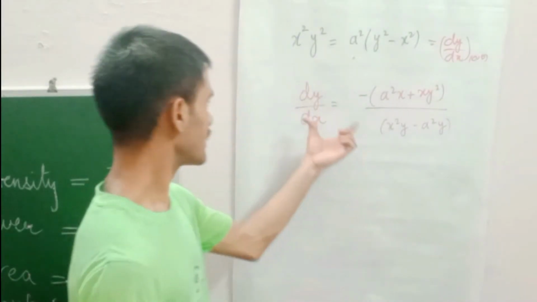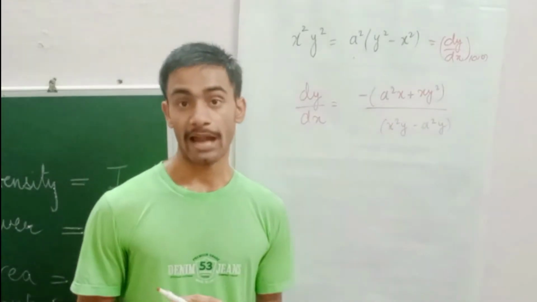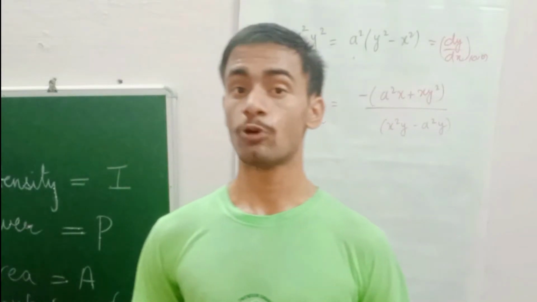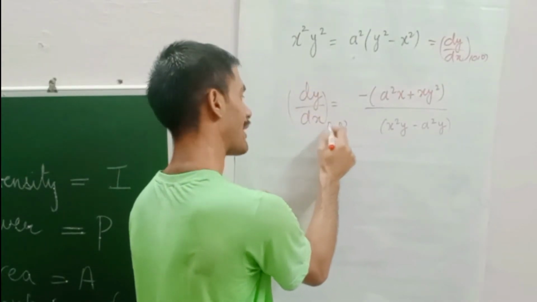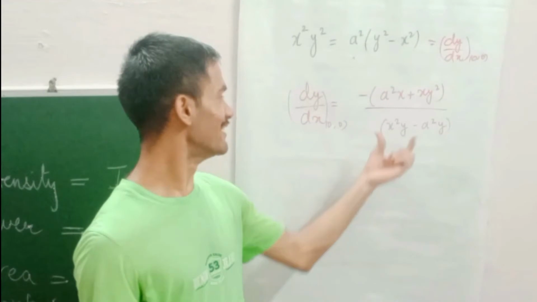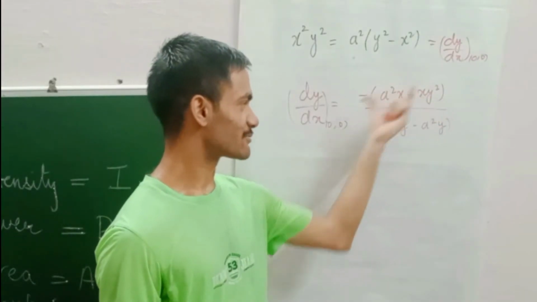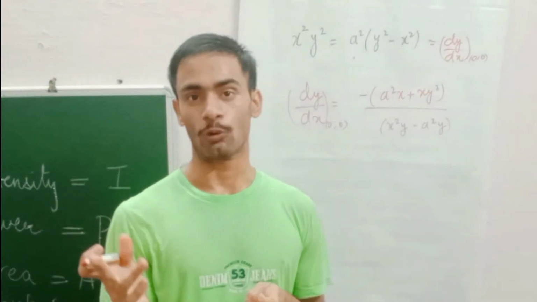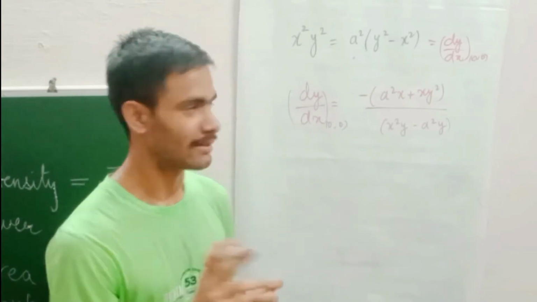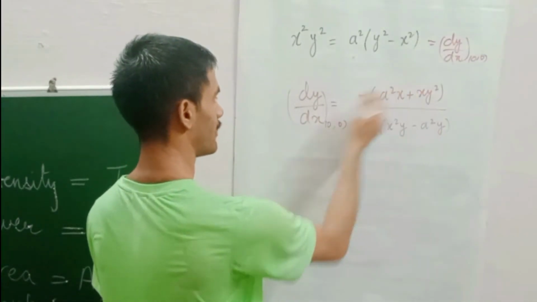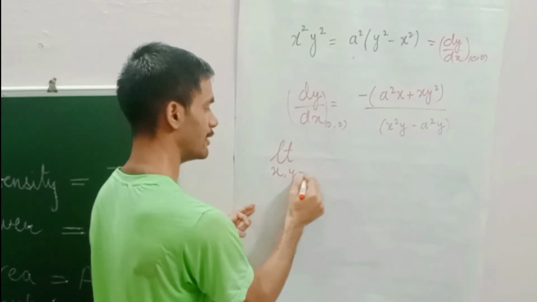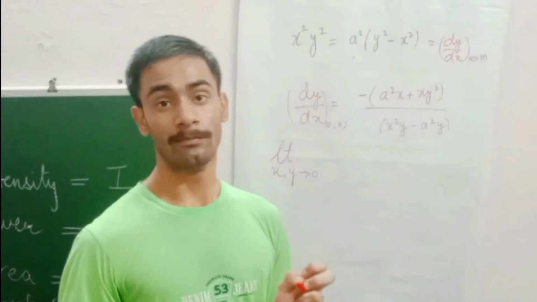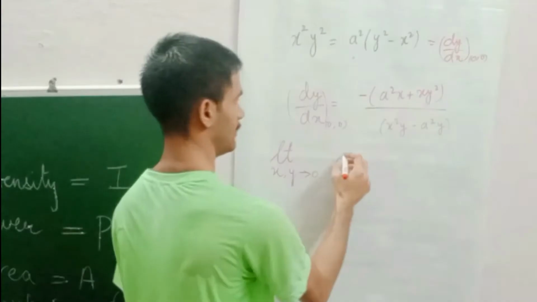By directly doing this you will get this as dy by dx, and you need to find its value at 0, 0. So again here you have to apply a limit, because you have x, y tending to 0 simultaneously. So I have to check this whole value, the limit as x, y both approach 0.